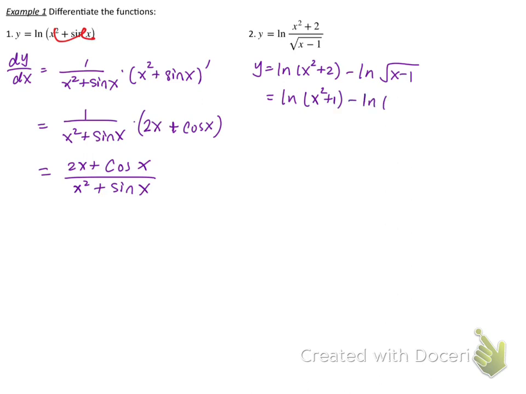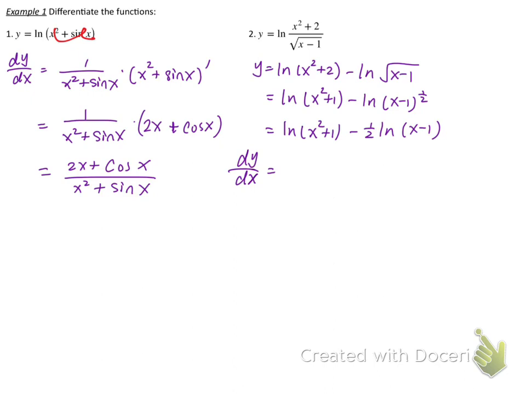This is ln of x squared plus 1, minus 1/2 ln of x minus 1. Let me pull the 1/2 to the front. Now I have prepared my function into a much nicer, linear form of ln's. Now I take the derivative.